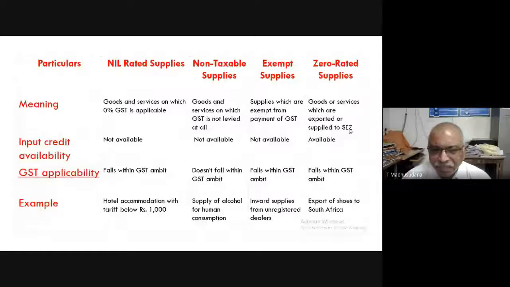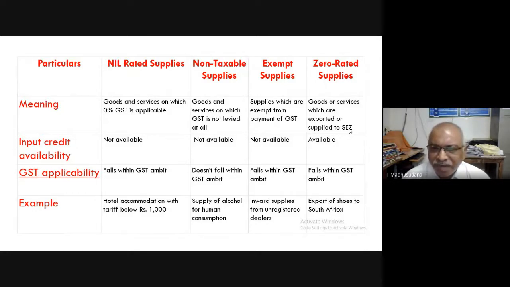GST applicability. As far as GST applicability is concerned, nil rated supplies fall under the GST ambit. That means for those supplies GST is applicable, but it is 0%.